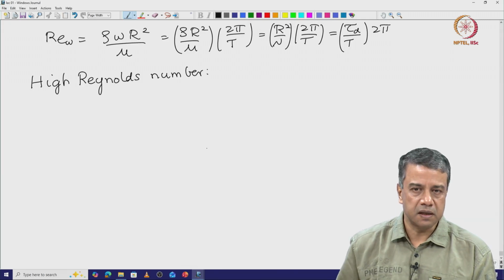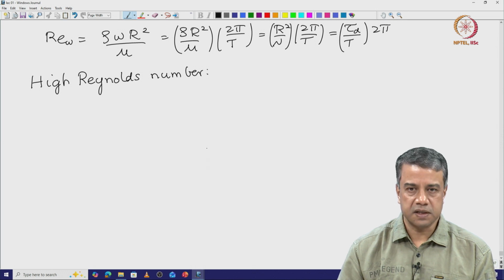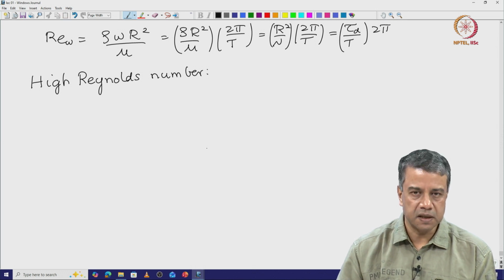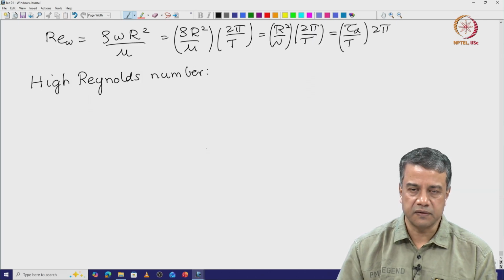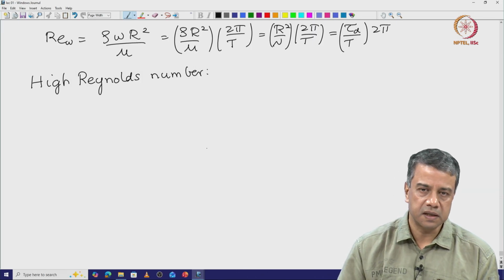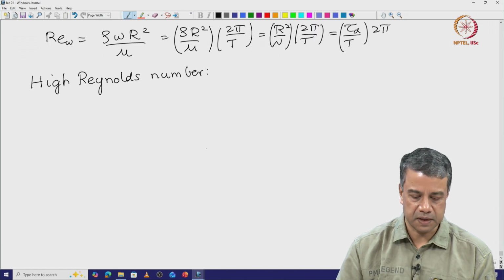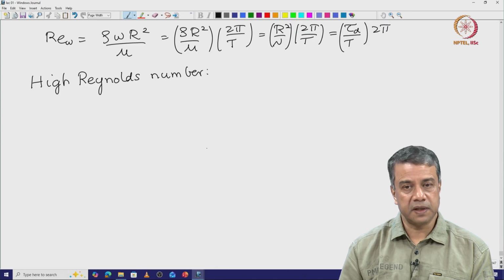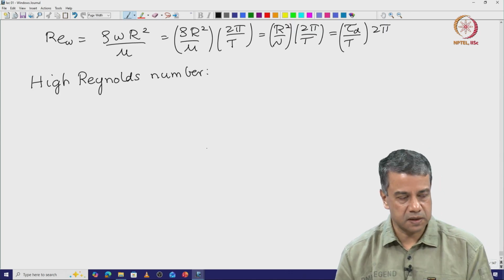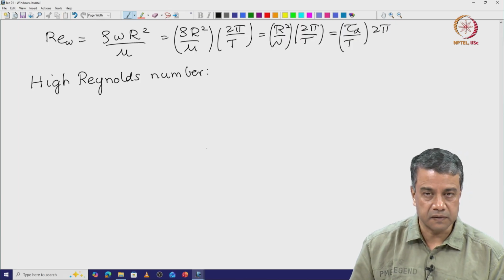When we had scaled our velocity based upon the viscous scale, the implicit assumption was that the pressure gradient and the viscous term in the equation are comparable, and the inertial term is smaller or comparable. But there is a balance between the pressure gradient and the viscous term. At high Reynolds number limit, you would expect there to be a balance between the pressure and the inertial term, and therefore, we have to scale the velocity differently.